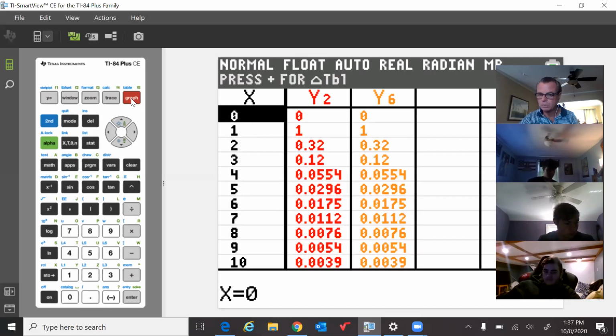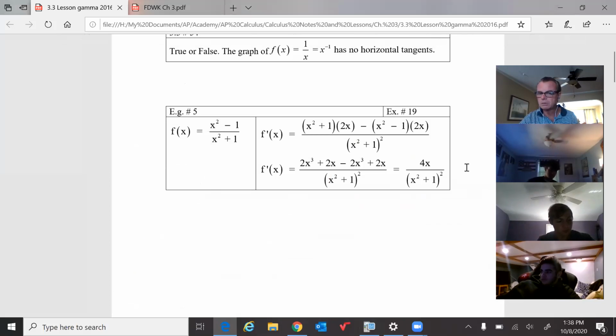And they do. So that t-chart is confirming that this calculus and this algebra is accurate to take you to there. Okay? So this is your model, and you're going to go to problem number 19.